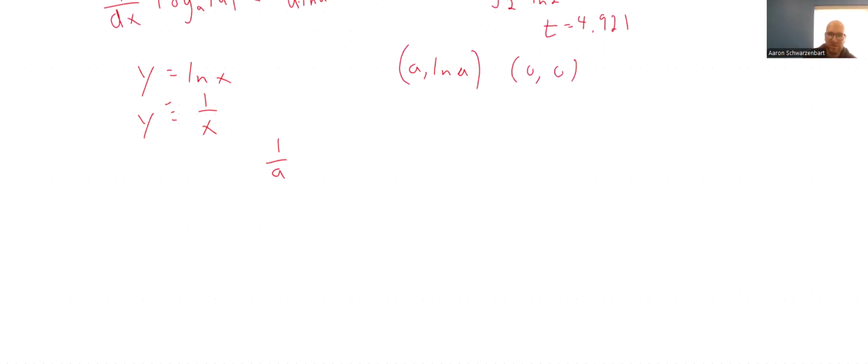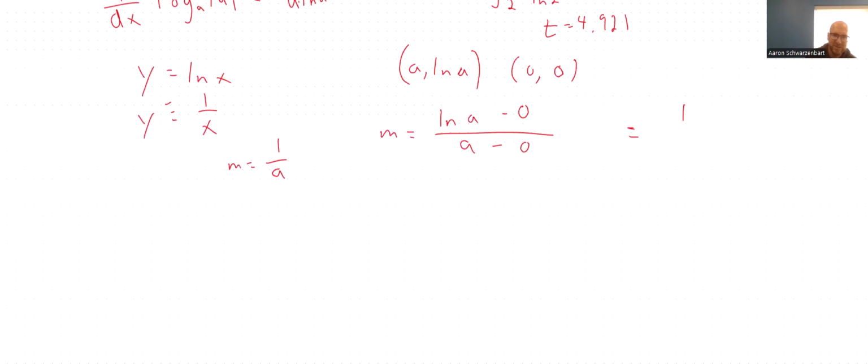So, good old slope formula, y2 minus y1 over x2 minus x1. So, that's m. M is also equal to 1 over A.